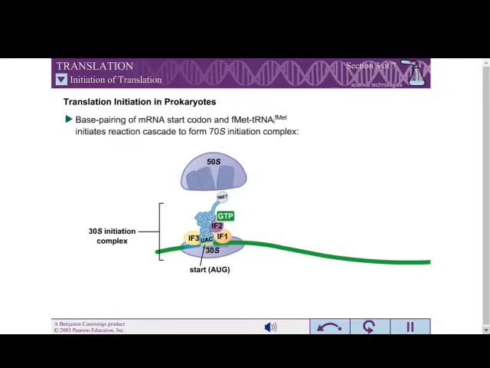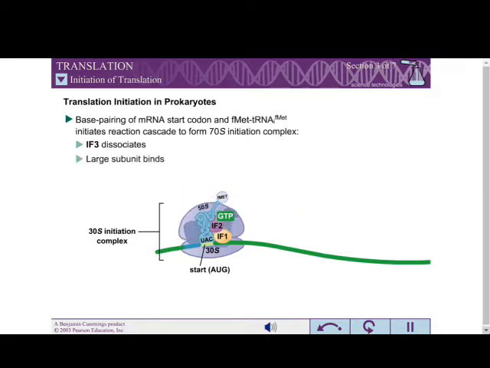The binding of the charged F-met tRNA to the small subunit initiates a sequence of events to form the 70S initiation complex. Once the F-met tRNA has bound the small subunit, IF3 falls off and is replaced by the large subunit, which completes the ribosome. Large subunit binding stimulates the GTPase activity of IF2.